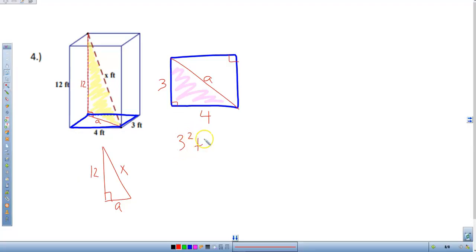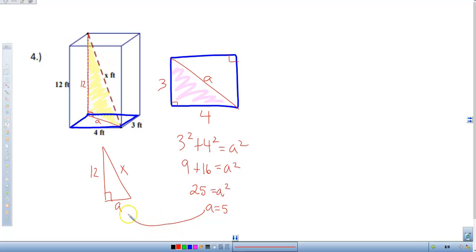So 3 squared plus 4 squared is equal to A squared. That gives me 9 plus 16 is A squared. So 25 is A squared. That gives me that A is 5 when I take the square root. Now I can plug that in over here, and I can set up a new Pythagorean theorem for that triangle. I'll do it over here on the right. So for that right triangle, A squared plus B squared equals C squared.